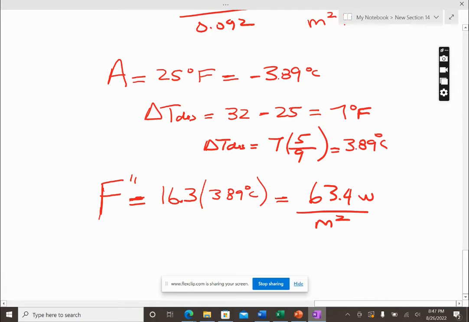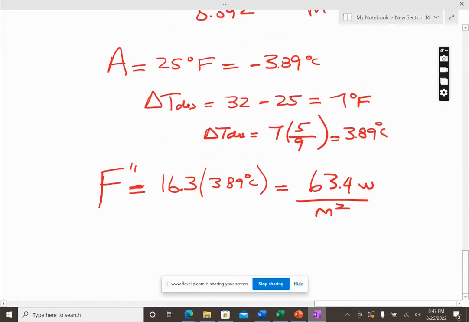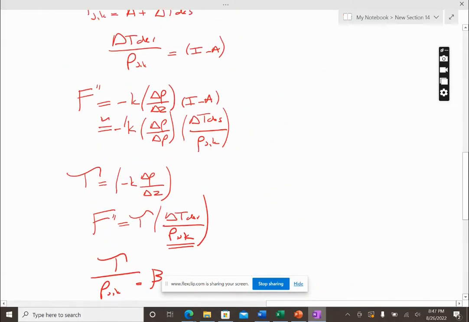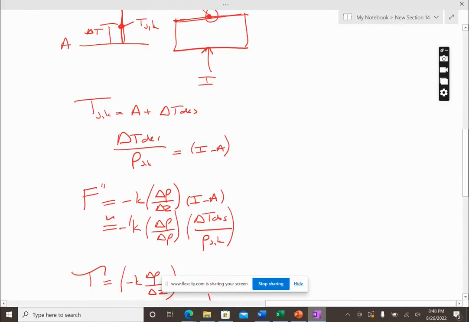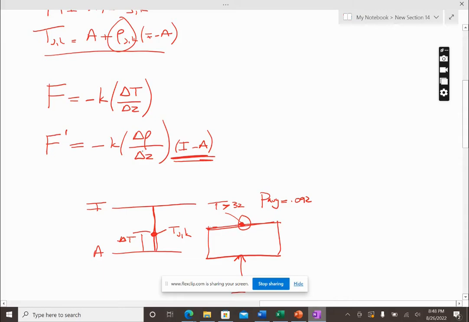So interestingly enough, from the previous formula, if we look at F prime, we know that it equals negative K times, or tau times I minus A. So F prime, we said, is equal to tau times I minus A. Therefore, I minus A, the heating load, equals F prime divided by tau.